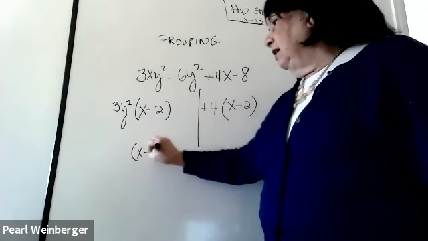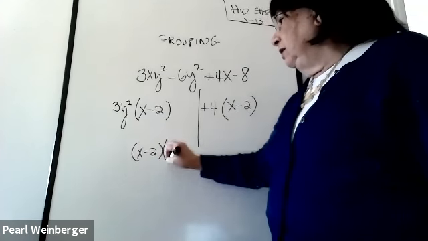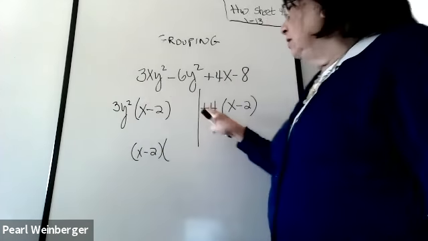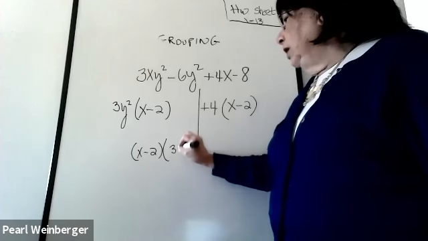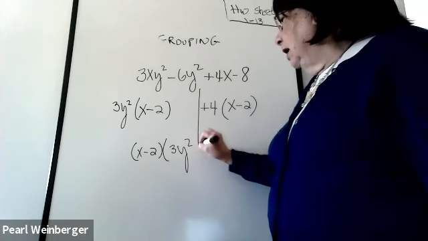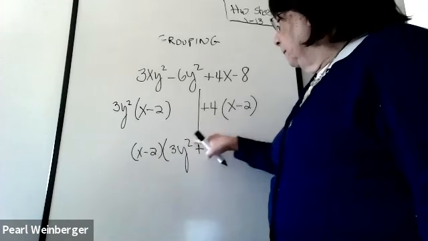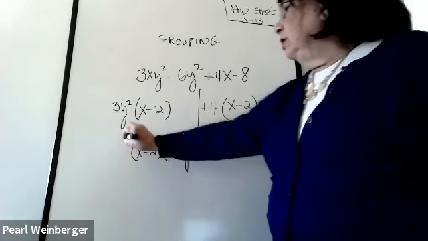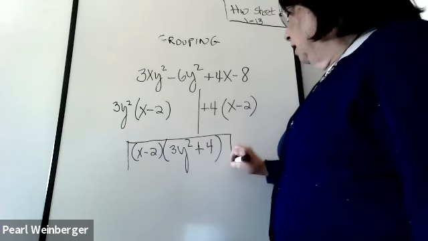I can put the x minus 2 in one parenthesis, and then what I put in the other parentheses are the things that are on the outside, the 3y squared and the plus 4. And we've factored this using grouping.